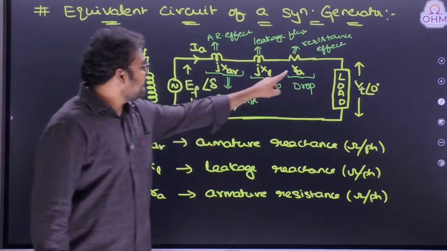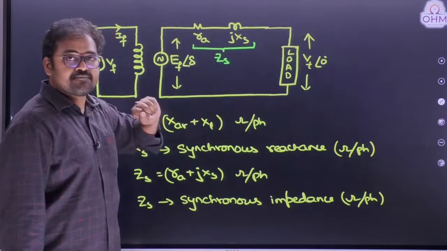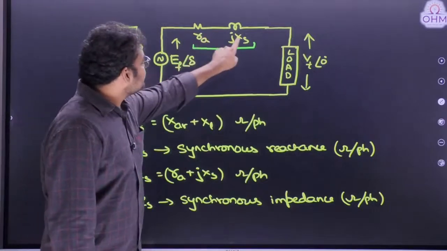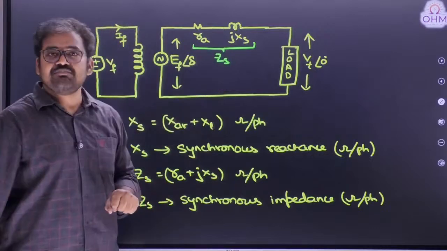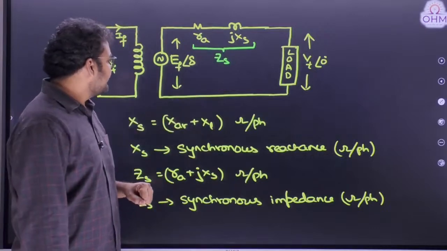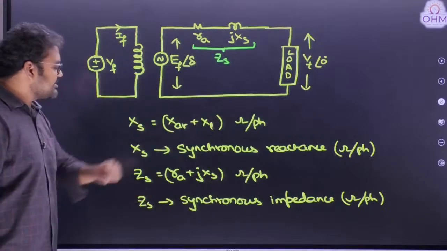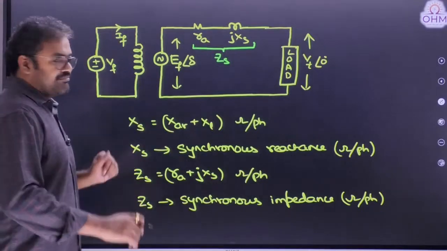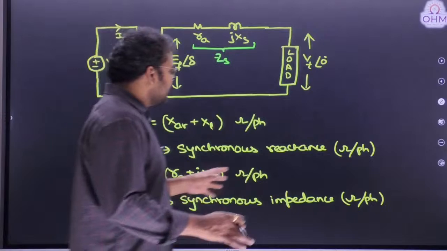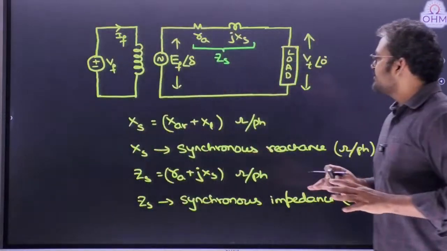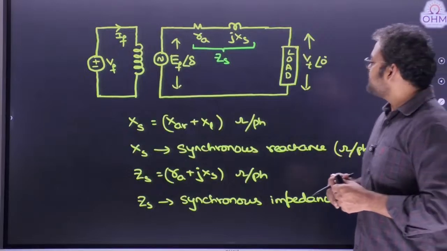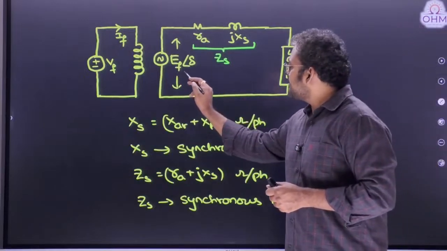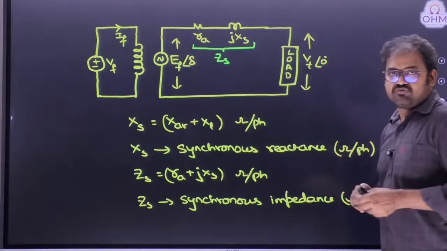And then we have resistance also, RA. Now can I combine this resistance plus reactance as an impedance? Yes, we call it synchronous impedance, ZS. Everything is in ohms. Also, you can observe from the circuit diagram that there are two voltages involved in the equivalent circuit: one is the induced EMF, and the other is the terminal voltage.